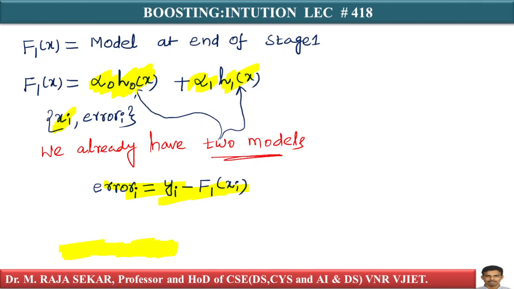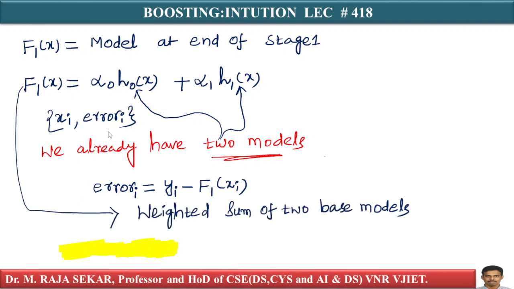Because I have my model at the end of stage 1. This is my complex model: f1 of x equals alpha naught h naught of x plus alpha 1 h1 of x, which is the sum of two models, isn't it?